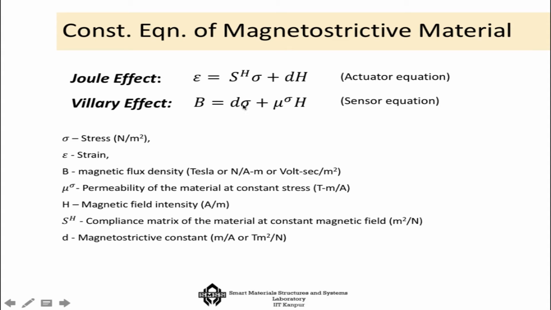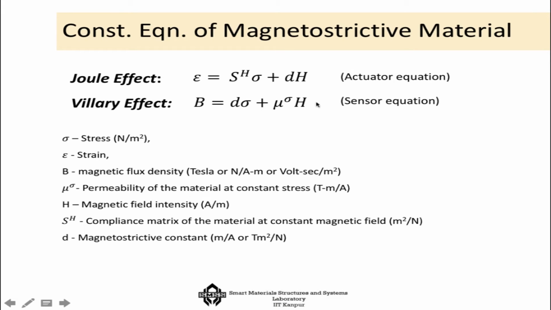Similarly, for the Villari effect, if there is a change in stress sigma, then there will be a change in magnetization, which can be sensed in terms of a change of voltage in a pickup coil, etc. Once again, the magnetomechanical constant d plays an important role here, because as d increases for a material, with a smaller change of stress you will get a large change of magnetization.